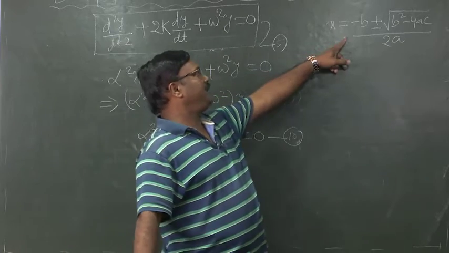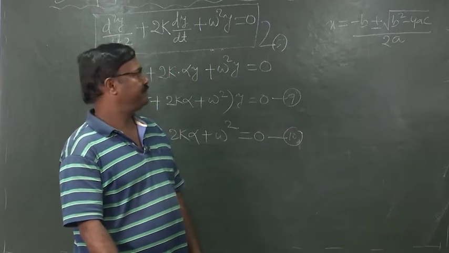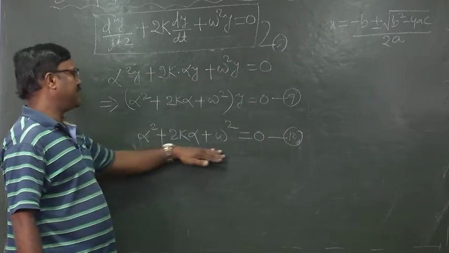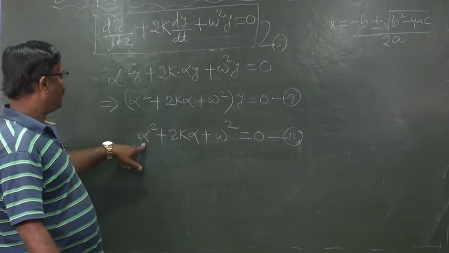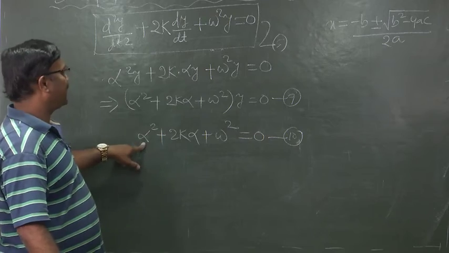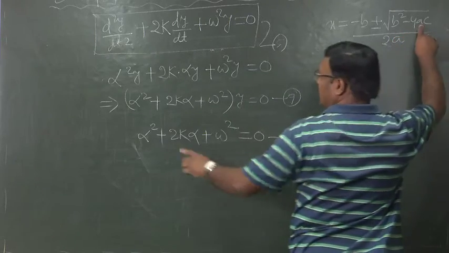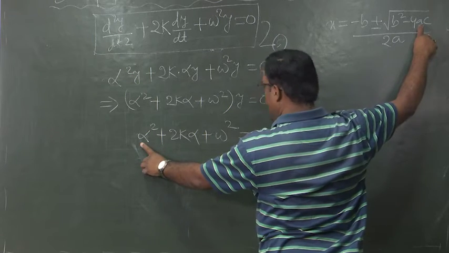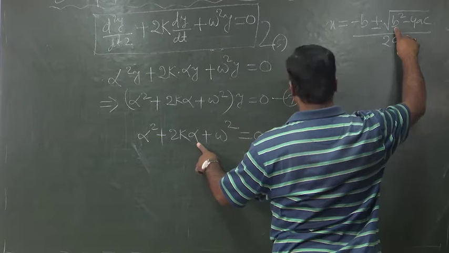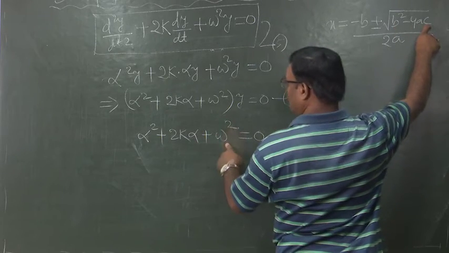This is the general formula to find the solution of a quadratic equation. Here, this equation is a quadratic equation whose solution will be alpha, and hence using this we can write that a is the coefficient of alpha square, b is the coefficient of alpha, and c is the coefficient of omega square.